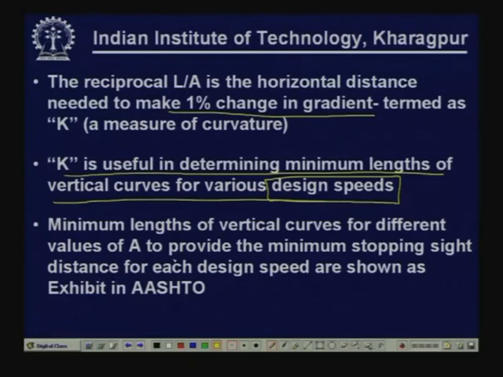Now, minimum length of vertical curves for different values of A to provide the minimum stopping sight distance for each design speed are shown as exhibit in AASHTO. AASHTO gives exhibit showing the minimum required length of vertical curves for different values of A. It will vary depending on the A, because length is K into A. Then again it will vary depending on the design speed, because the sight distance requirements or the stopping sight distance requirements will also vary depending on the design speed.